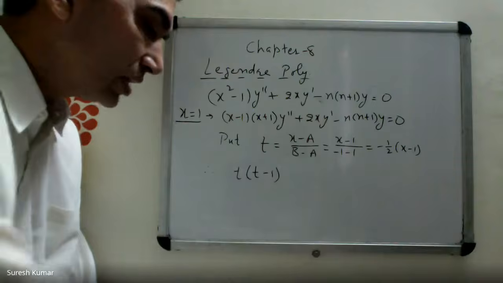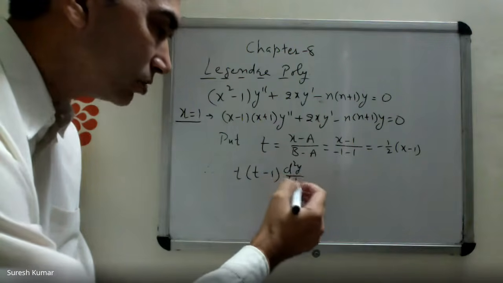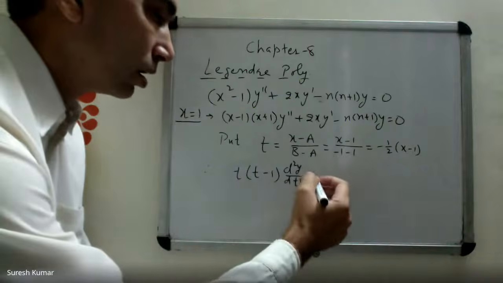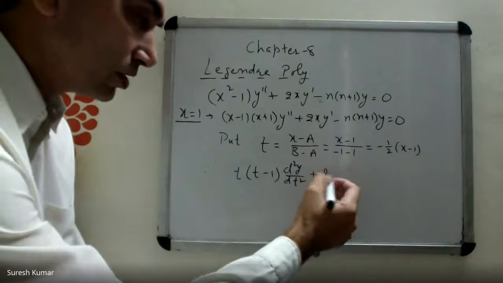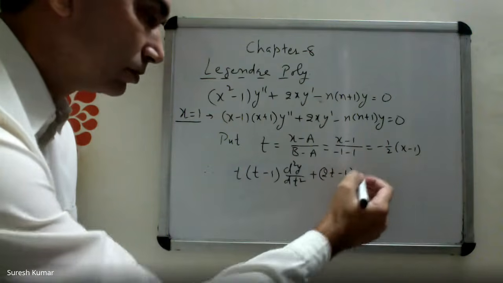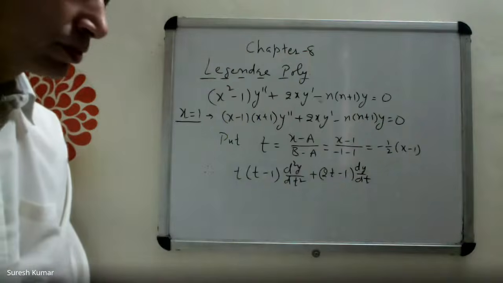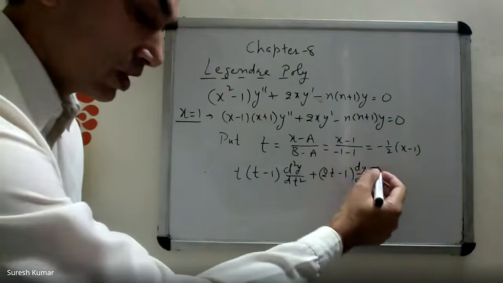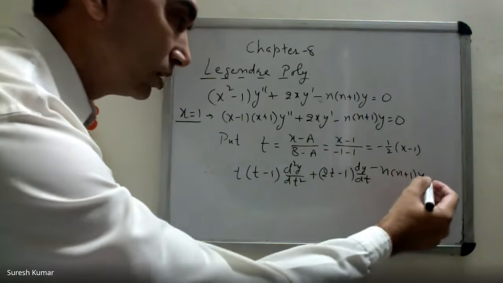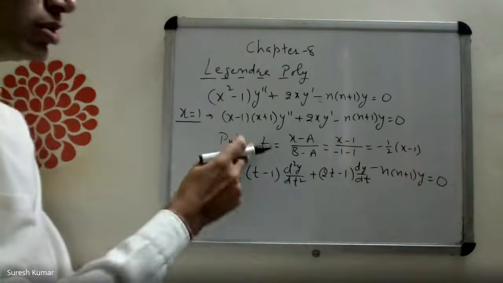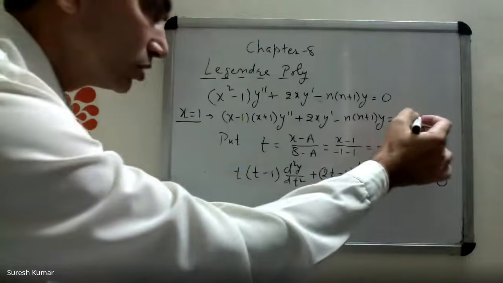Or you should write explicitly t(t minus 1) d2y over dt square plus (2t minus 1) dy by dt minus n into (n plus 1) y equal to 0. If you use this transformation, this is the transformed form of this equation.